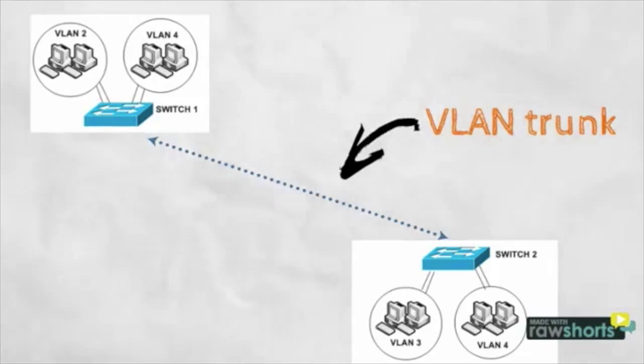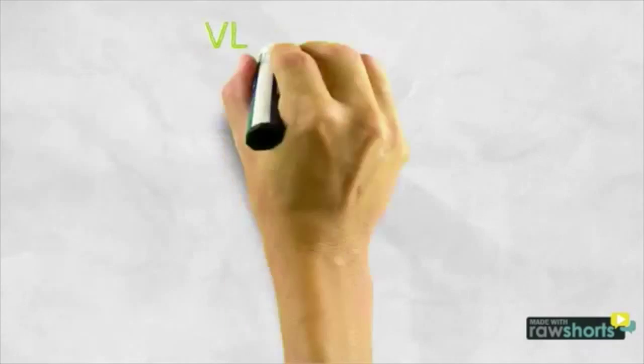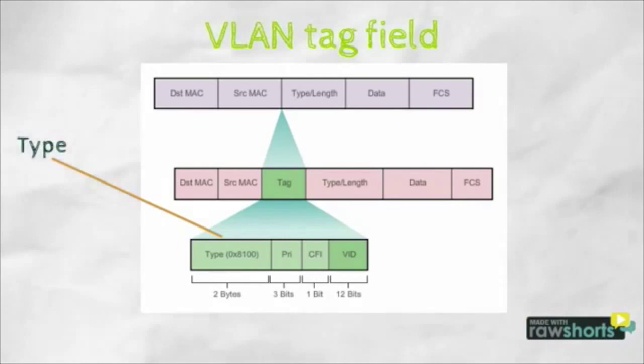When the switch receives a frame on a port configured in access mode and assigned a VLAN, the switch inserts a VLAN tag in the frame header, recalculates the FCS, and sends the tagged frame out of the trunk port. A VLAN tag field consists of a type field, a priority field, a canonical format identifier field, and a VLAN ID field.